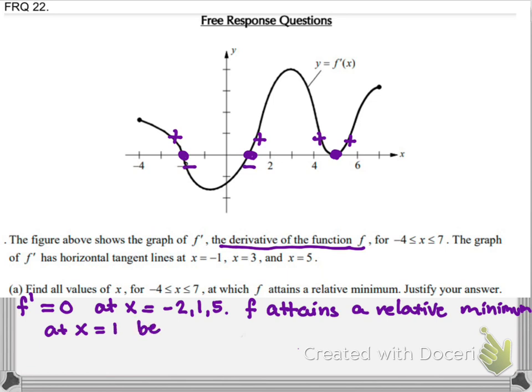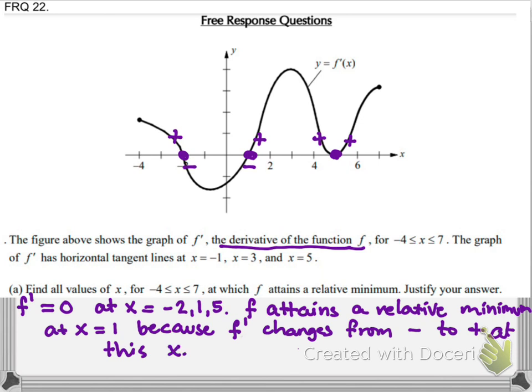And our justification will be the signs of f prime, because f prime changes from negative to positive at this x. And that is it. It just has to be short and sweet. You don't have to write a lot of justification here.